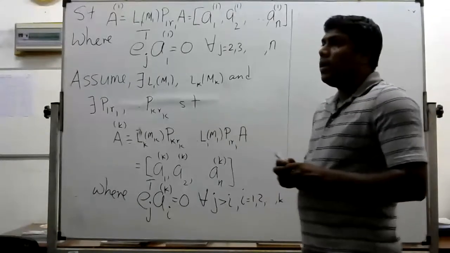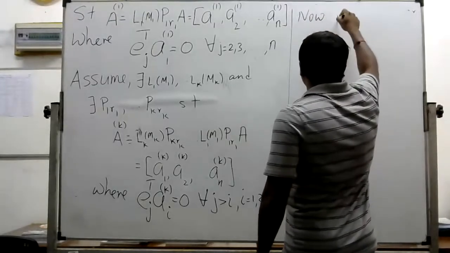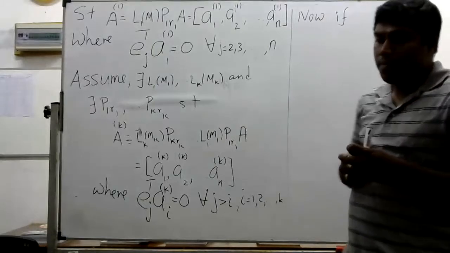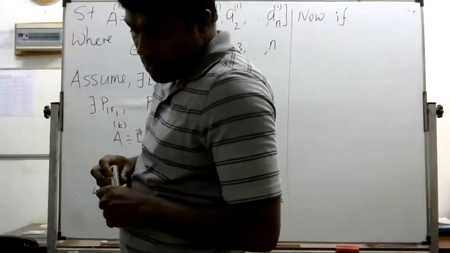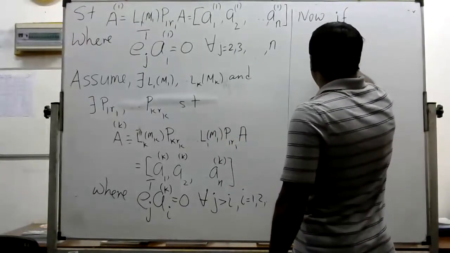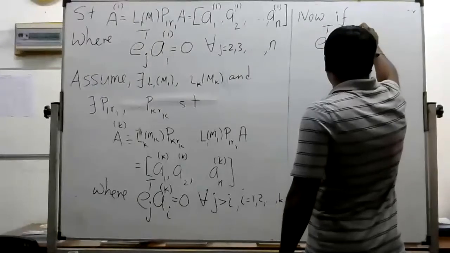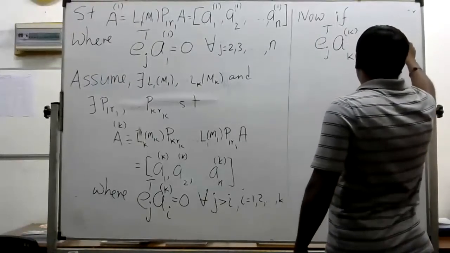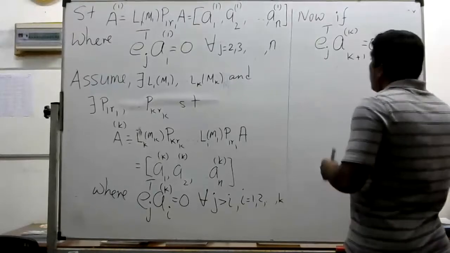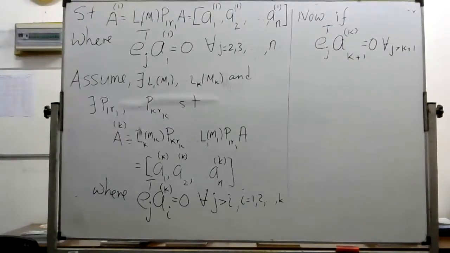So if you want to show that it is working for the k plus first step, if the k plus first column has all zeros below the diagonal, then you don't need to do anything at the k plus first step, because it is already in the upper triangular pattern.